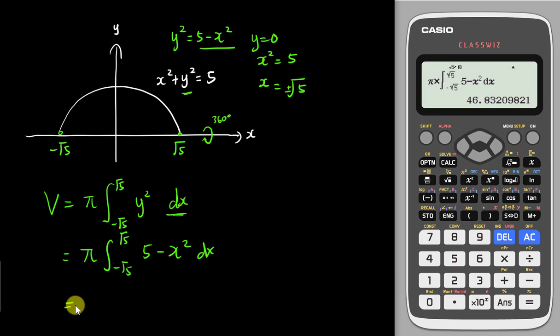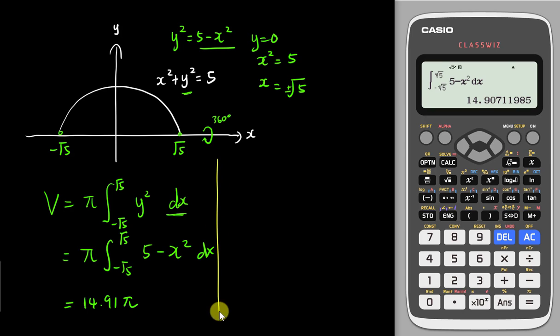If you want to leave your answer in terms of pi, just like SPM always does, you just don't type the multiply pi, you straight away type this one, then you will get 14.91, isn't it? So you just write 14.91 pi, because in SPM they always want your answer in terms of pi.